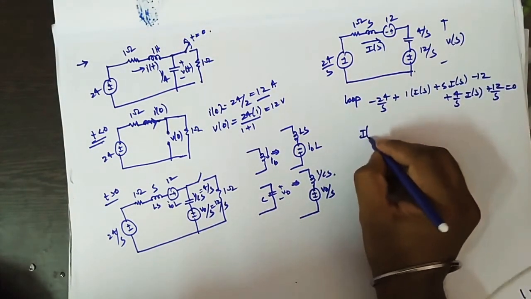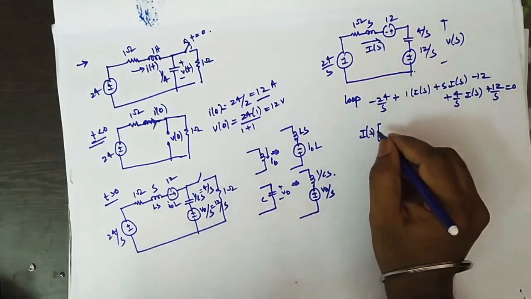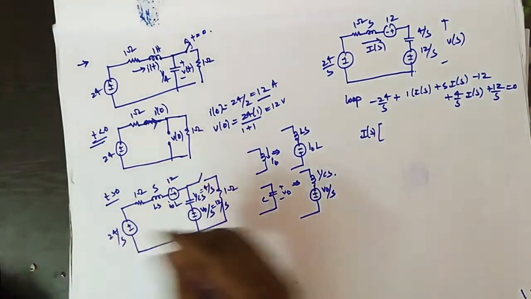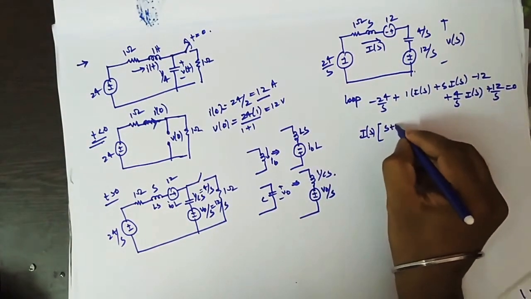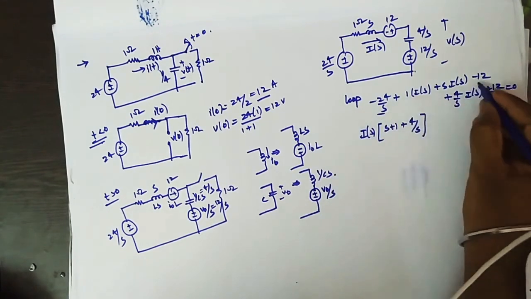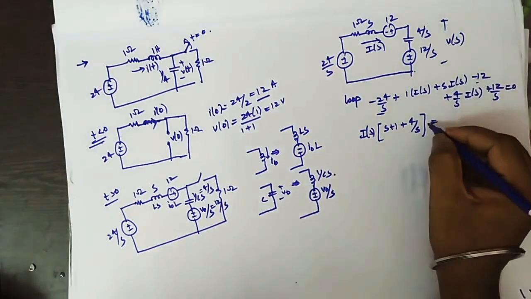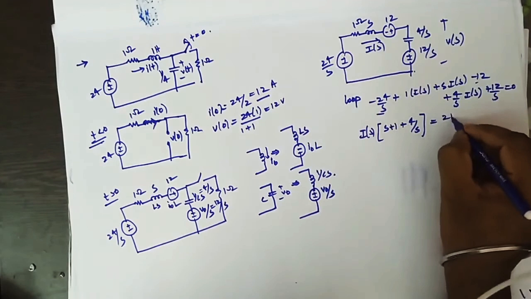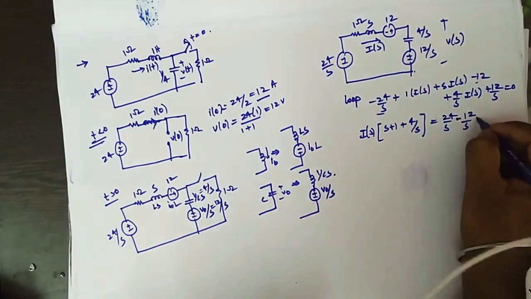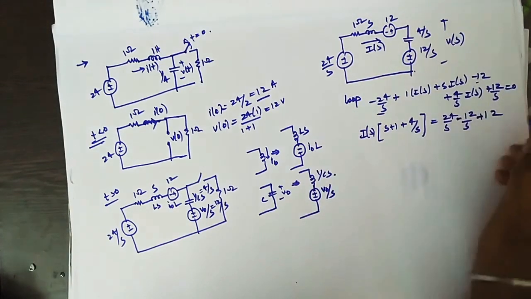So therefore I of S can be written as, S plus 1 plus 4 by S. Take this term to that side. So you will be getting 24 by S minus 12 by S plus 12.